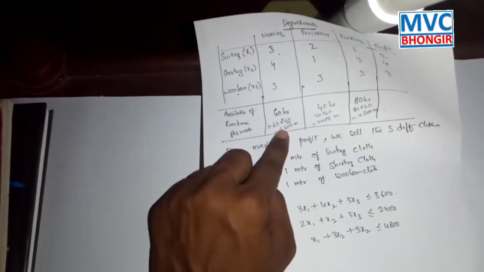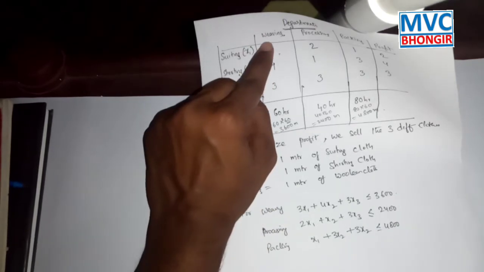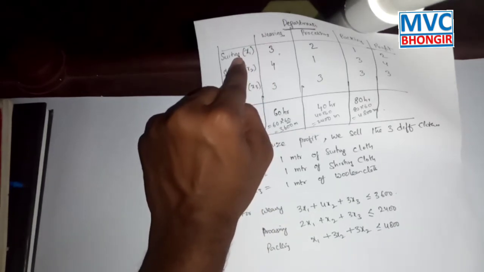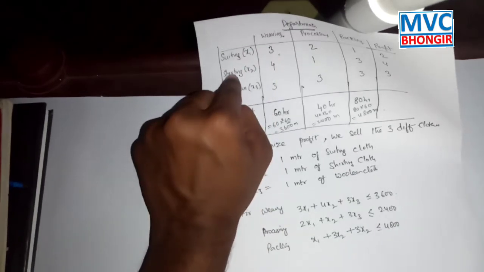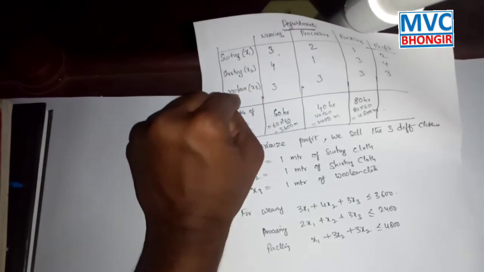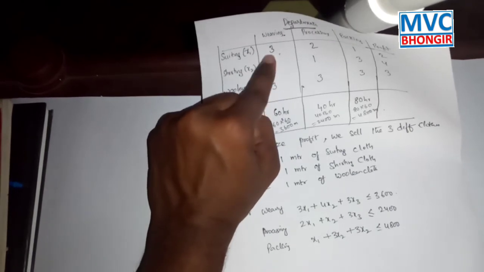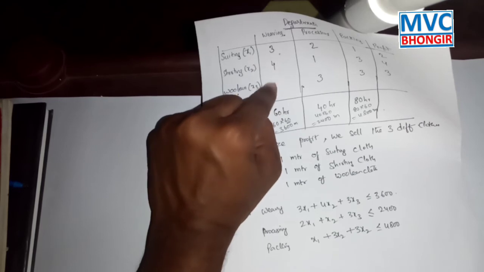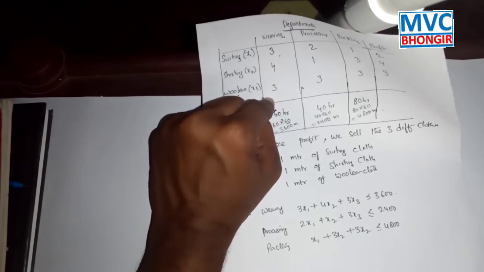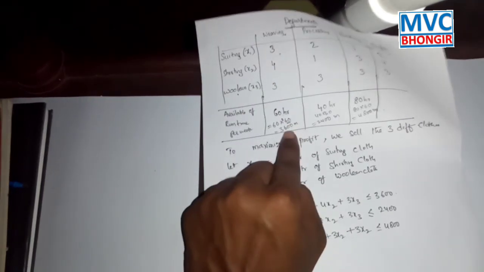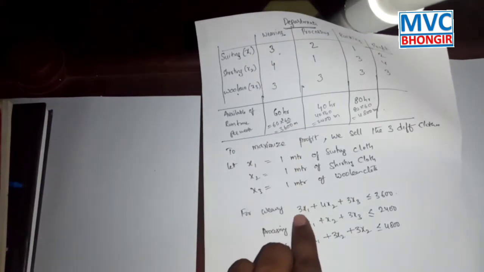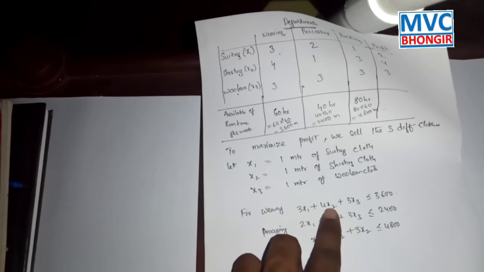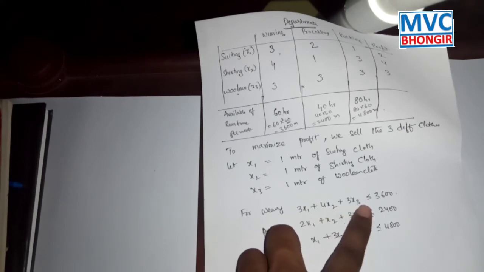In the weaving department, suiting cloth, shirting cloth and woolen cloth are all produced, and all these 3 cloths should be produced within the available time, and that is 3x1 plus 4x2 plus 3x3 less than or equal to 3600.